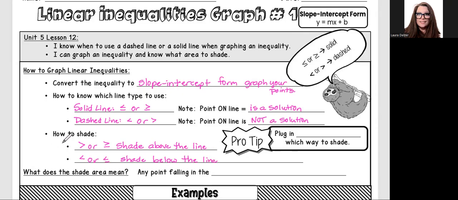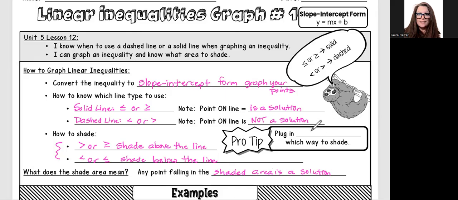Now, this here kind of seems arbitrary. Like, why would we say shade above the line or shade below the line, based on what the symbol is? The reason that we say this is because any point falling in the shaded area is a solution.